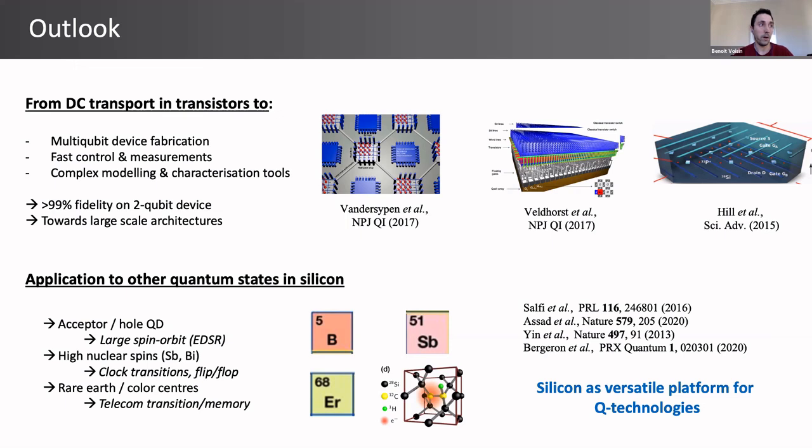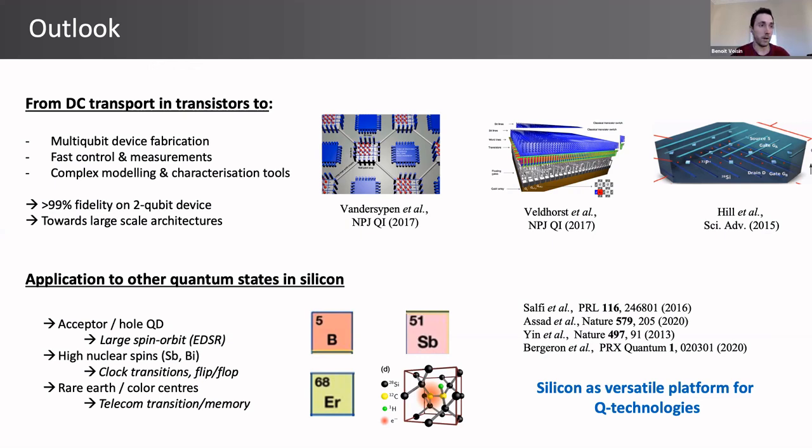People are also exploring different atoms which have higher nuclear spins that can be useful to use clock transitions between those nuclear states, and to design flip-flop qubits or complex flip-flop qubits.